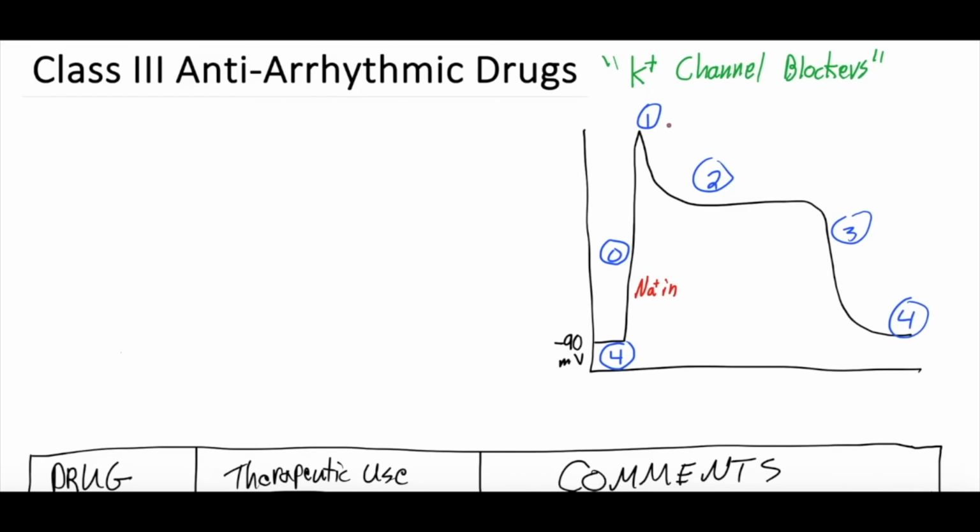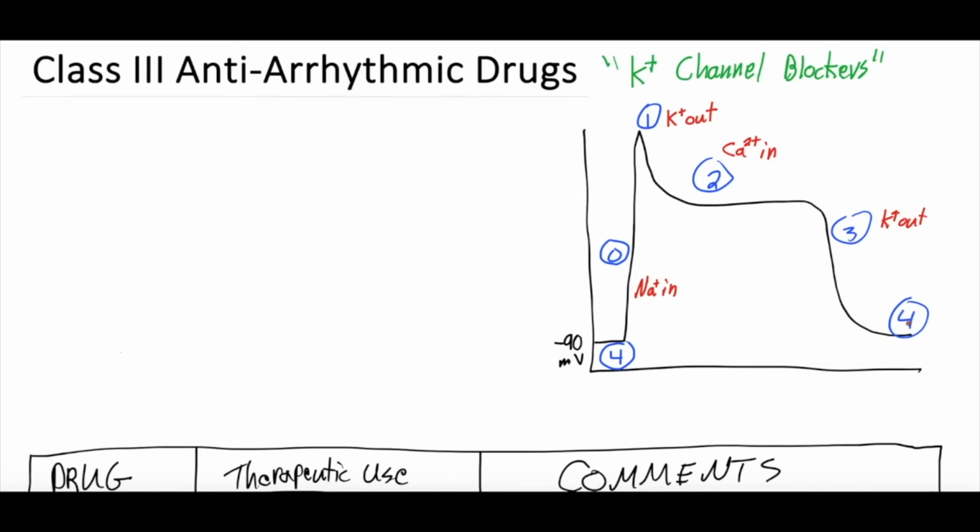While this is happening, we get towards phase 1, where potassium, which is also positively charged, starts to flow out. That then brings the depolarization closer to less positive, more negative. At the same time, sodium channels are starting to close. Phase 2 comes along, and calcium says, well, wait, let's plateau for a little bit. Calcium starts flowing in. Eventually, calcium channels close, and then we just have potassium flowing out, which then leads to the rest of repolarization.